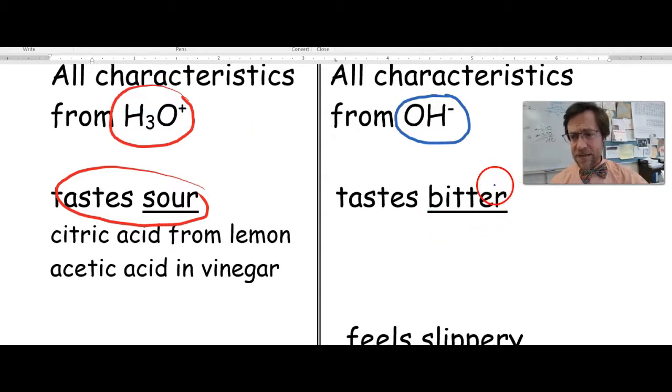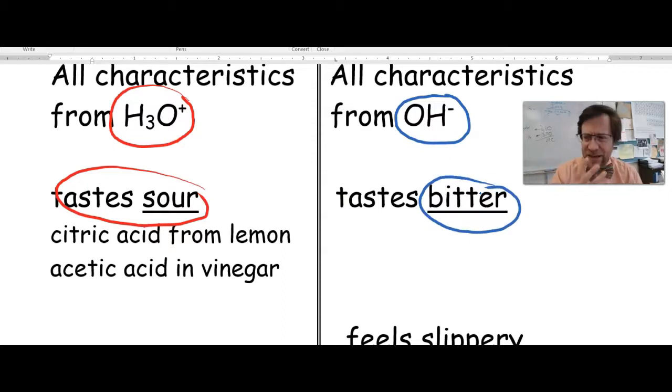On the other hand, bases are bitter. Bitter like we have a natural gag reflex. It's awful. If you tasted anything basic, the first thing you'd do is retch and want to spit it out.